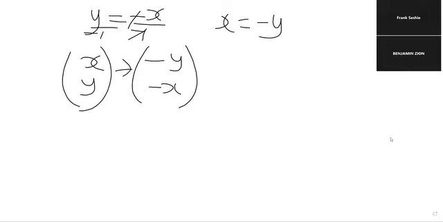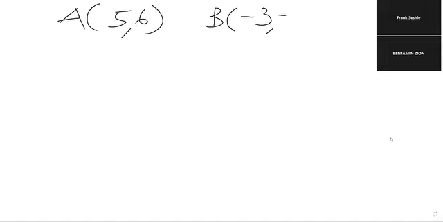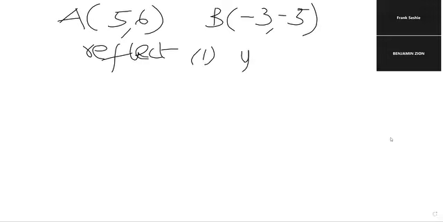So let's take some examples to demonstrate this. Let's say I have a point A (5, 6), I have point B (-3, -5). And I'm reflecting A and B, let's say first in the line y equals -2, then second in the line x equals 3.